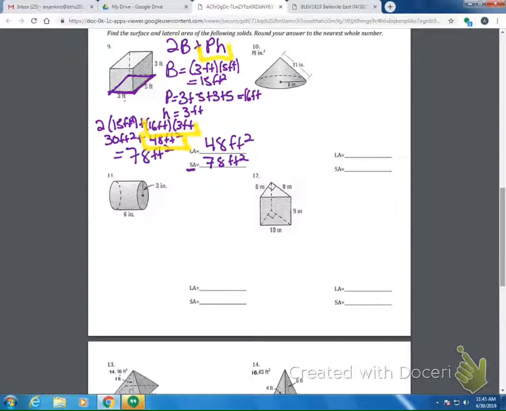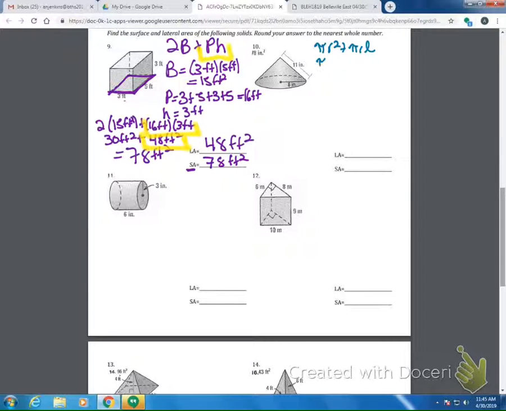Okay, so our next one, Mario, what shape is that? It's a cone. Okay, what's our formula for that? Pi r squared plus pi r l. Yep.